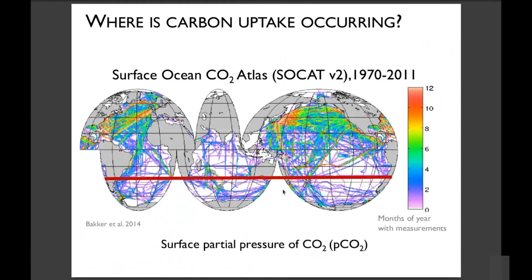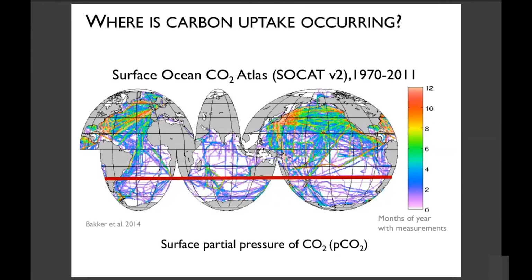And the last thing to finish up is that if the Southern Ocean isn't taking up as much carbon as we thought, which is what it seems like based on the floats, where is this carbon uptake occurring? We have pretty good estimates in the atmosphere. We know there's not a missing carbon sink in the atmosphere. So we're thinking about where else we're not sampling very well with our current shipboard estimates.